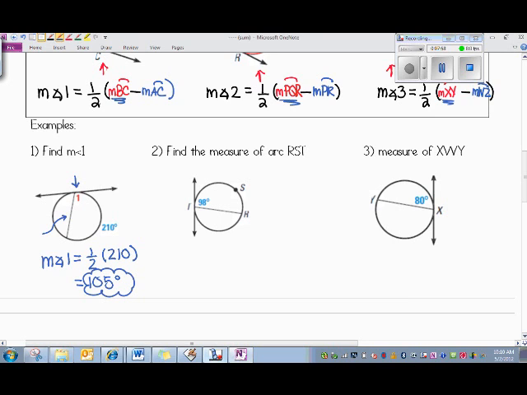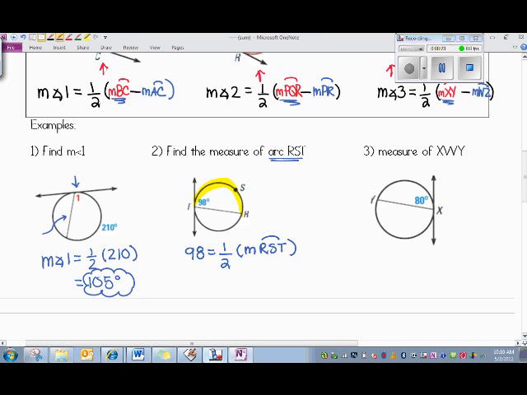Now, they want the measure of arc RST. So if I connect it, RST goes like this, and again, it's a tangent and a chord problem. Well, we have to think about it now this way. We're going the other way. We know the angle, which is 98, is equal to 1/2 the measure of the intersected arc, which in this case is measure of arc RST, right?